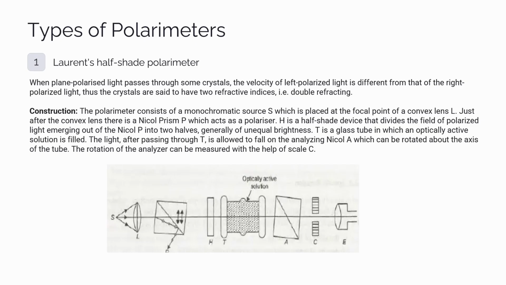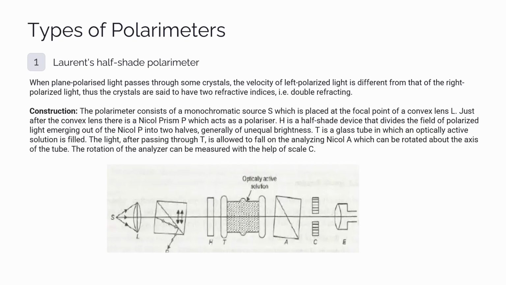So the construction of the Laurent half-shade polarimeter is like this: the polarimeter consists of a monochromatic source and a convex lens of focal length L placed in front of it. After the lens, we also have a nicol prism, which acts as a polarizer in this case.